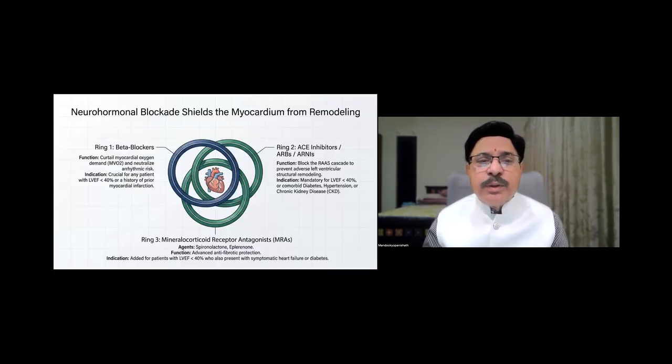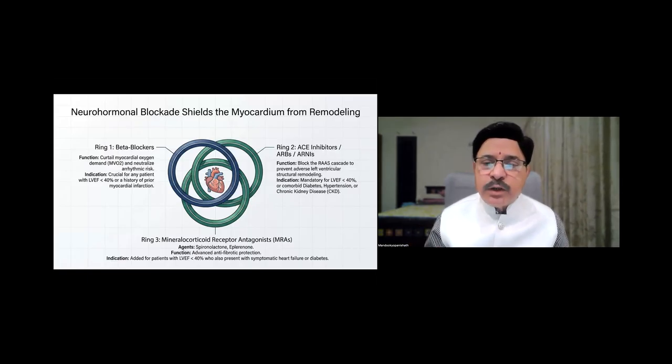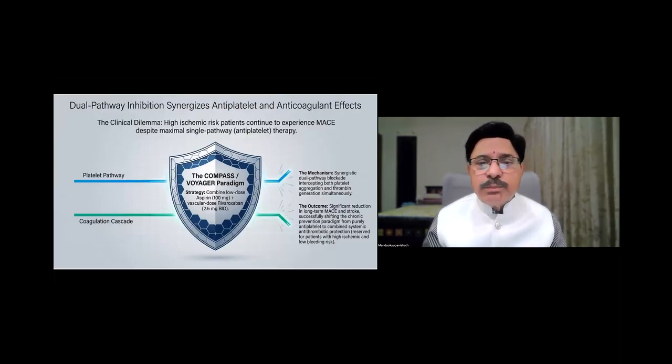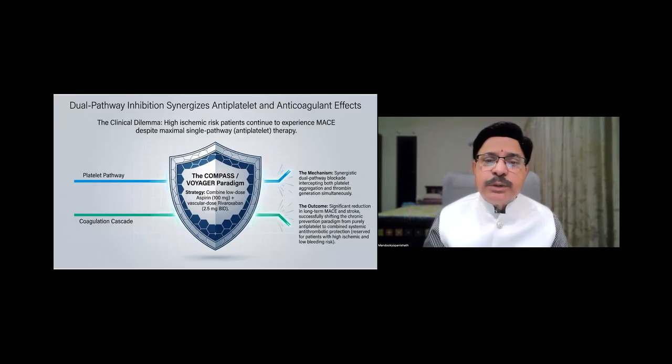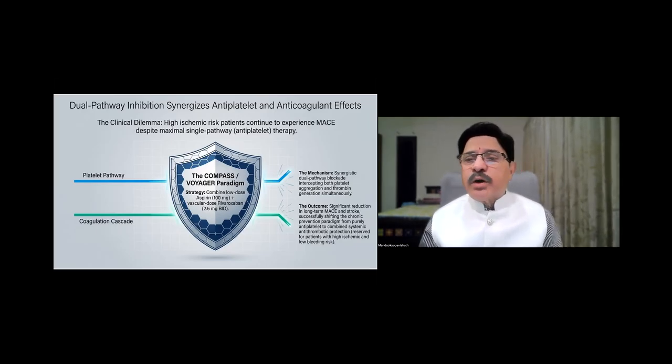Then along with beta blockers, are there any other companion drugs for blood pressure and cardiac protection? Yes: ACE inhibitors, ARBs, ARNIs you have to use. And mineralocorticoid receptor antagonists also can be used. And platelet and coagulation: the platelet pathway, the VOYAGER paradigm, combines low-dose aspirin and vascular-dose rivaroxaban.